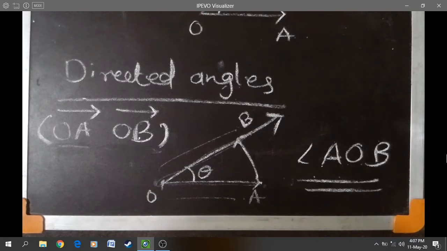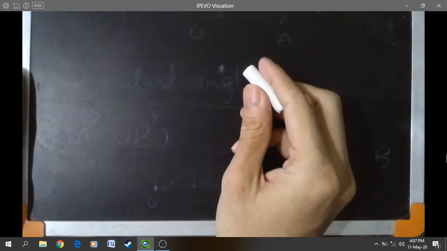If the rotation of the initial ray is anticlockwise, the measurement of the directed angle is considered positive. We know how clockwise and anticlockwise rotations are. We can define it by using our clock direction.